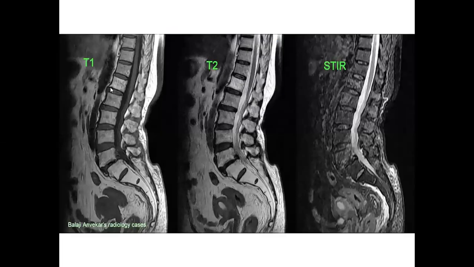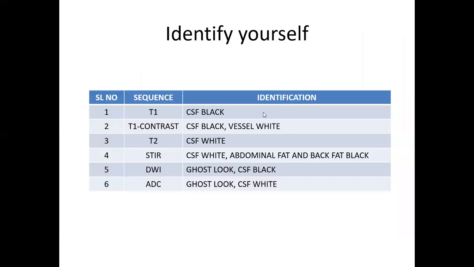So if you see T1, here CSF is black, and back side fat is white. You remember this. T2, back side fat is white, CSF is white. STIR, only CSF is white, back side fat is black. That is a fat suppressed sequence.